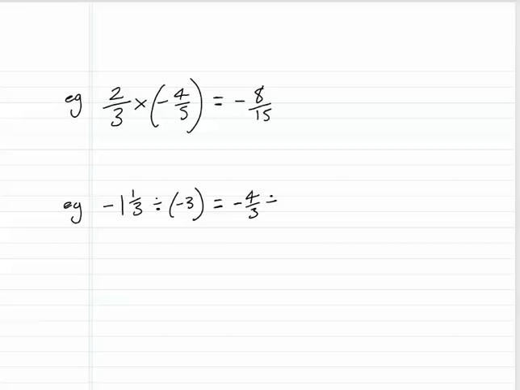So tricky. I need to flip that second fraction upside down, but it's not a fraction, it's a whole number. There are other ways I could do this, but let's work it out as a fraction. So to make a whole number a fraction, I put it over 1.